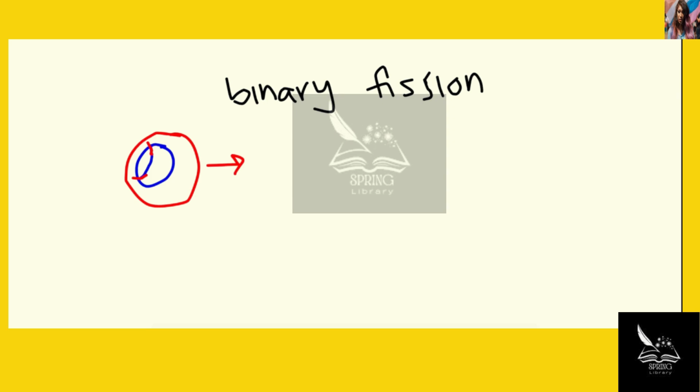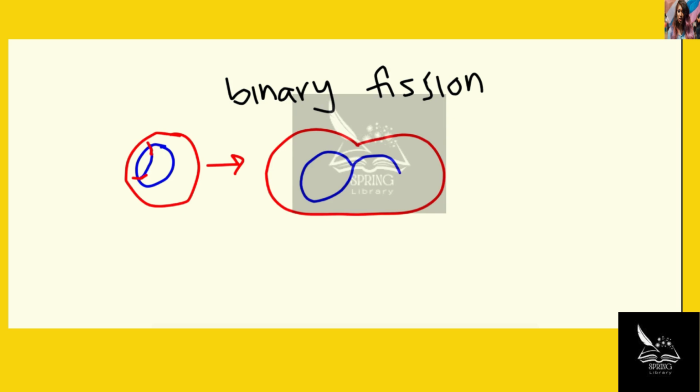Eventually you get an elongated cell with these two pieces of DNA, and then that will pinch off into two daughter cells that are identical, right?